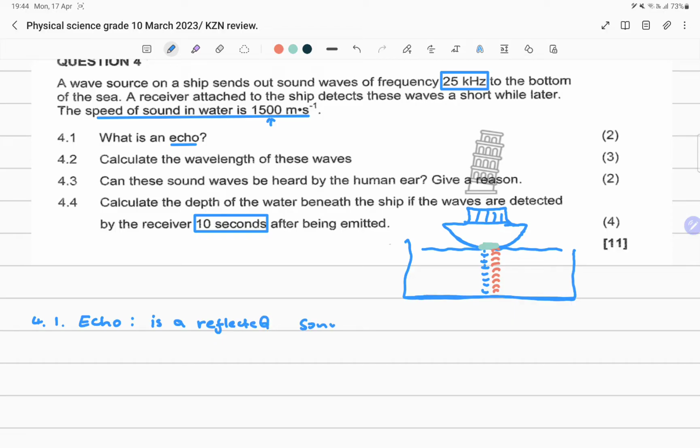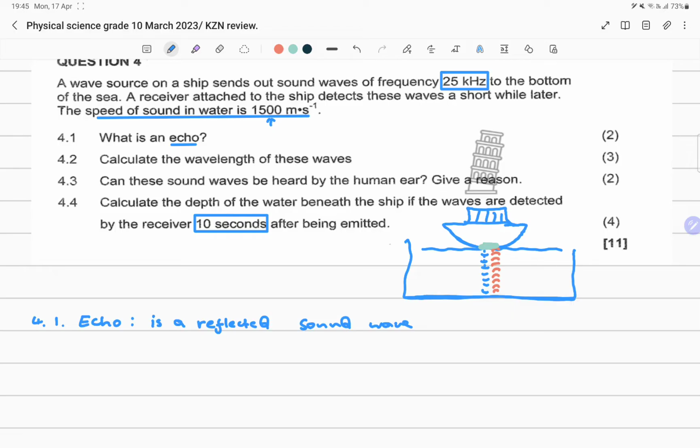If it gets reflected, it forms an echo, but we're talking about a sound wave, nothing else. Let's not complicate this situation. Basically, an echo is what is produced by a reflected sound wave.